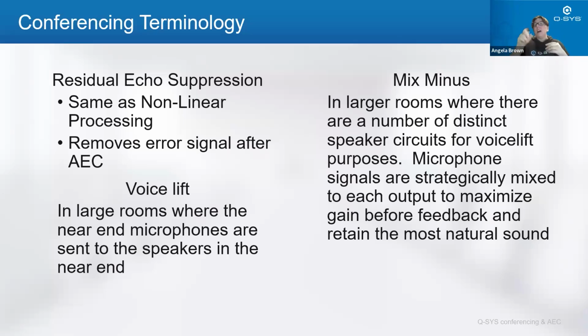Linear is like a gain knob where you take all of your signal and add 3 dB, or all of your signal and add 6 dB equally. Nonlinear is we're chopping up the signal into little bits, and in different frequency ranges, we're doing different things. So maybe at 100 hertz, we're going to remove 6 dB, but at 2K, we're only going to remove 2 dB. That's non-linear processing. And this residual echo suppression is in fact non-linear.